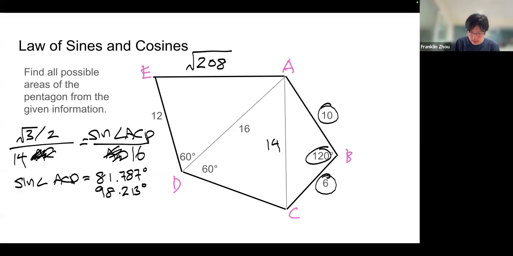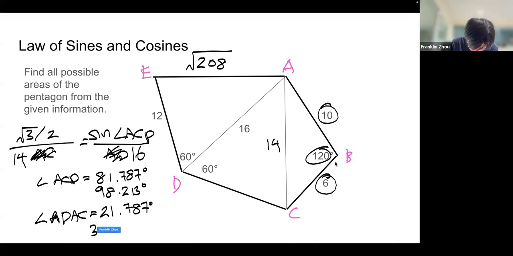And we know that the sum of angles in a triangle is always 180 degrees, right? So now we have two angles. We can find the last angle, which is angle DAC, which is either equal to 21.787 degrees or 38.213 degrees.